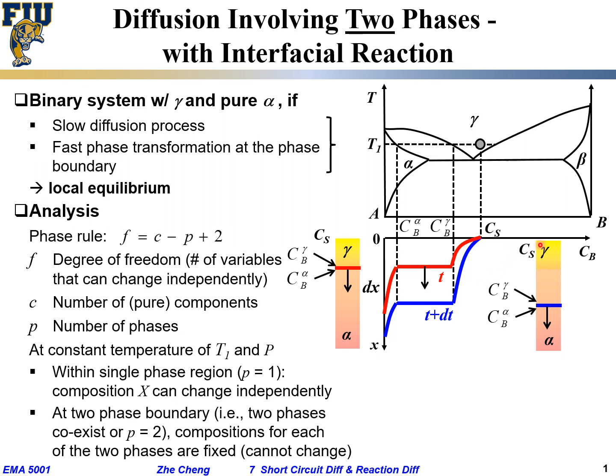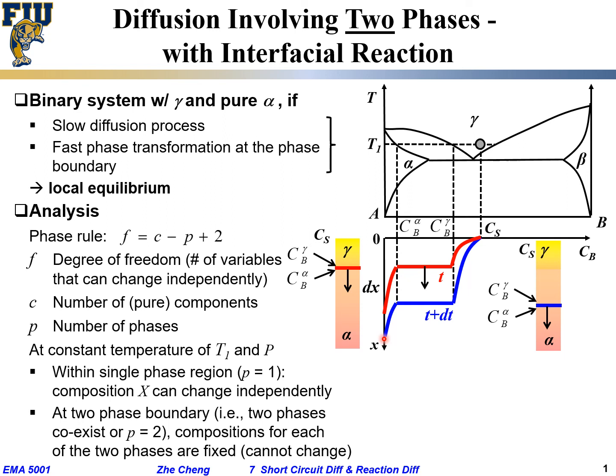Now from here all the way to here is gamma phase. And then at the interface we have a sudden change in what? Concentration, because we are going from what phase? Gamma phase into alpha phase. And then once we are in alpha phase, the concentration will change continuously. And when it's very far away from the interface here, the concentration is 0. Make sense?